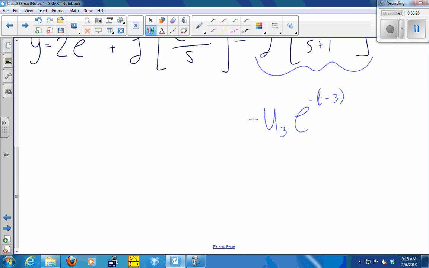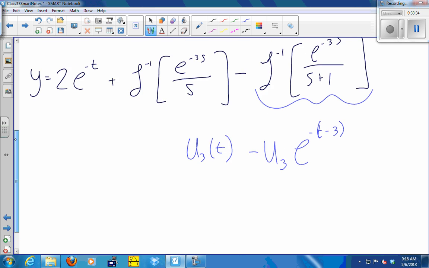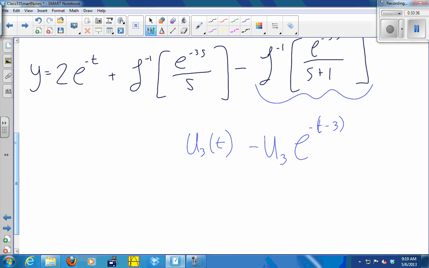This is just, yeah. So this is just u3 of t, which is just, well, sometimes it's 0. Right, but this is a function for all t that I'm trying to come up with here.